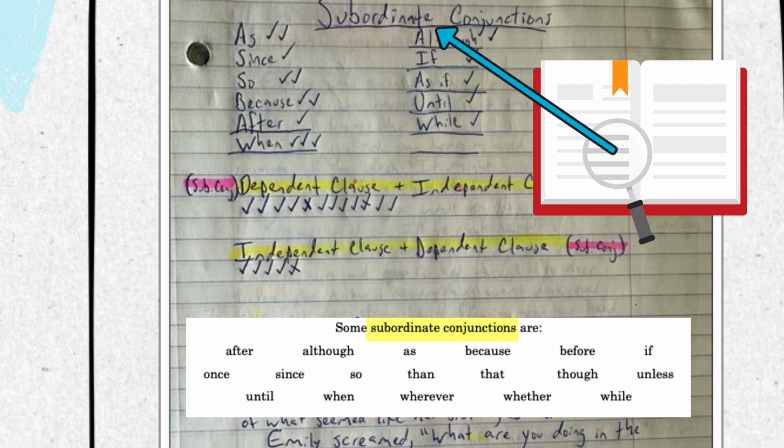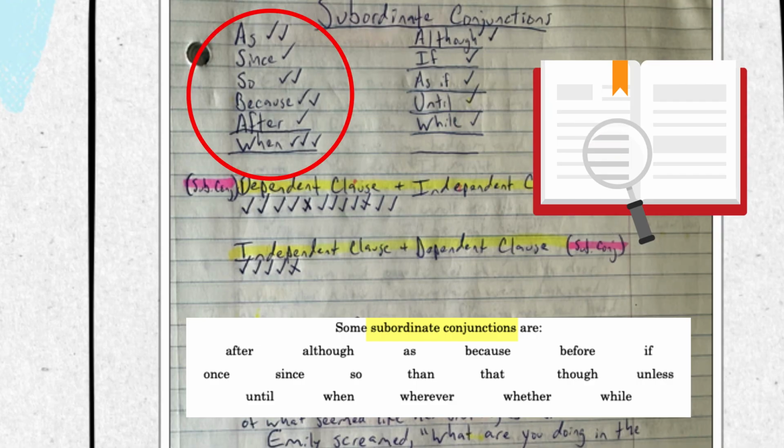And they started making a list of the subordinate conjunctions in the book. You can see they found as, since, so, because, after, when, and some of them you can see the check marks. When we saw it again, we added a check mark. So they saw 3 as, 2 since, 3 so's, 3 althoughs.